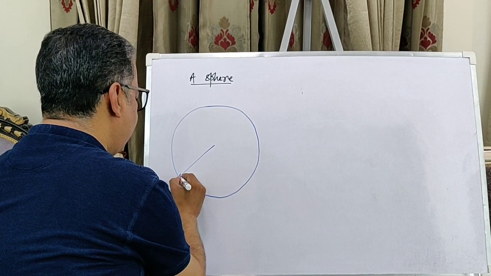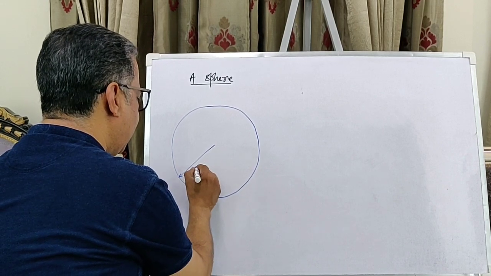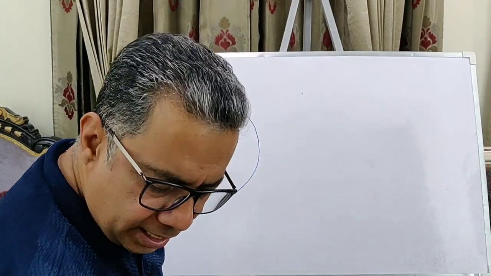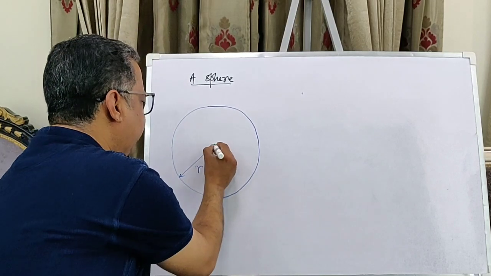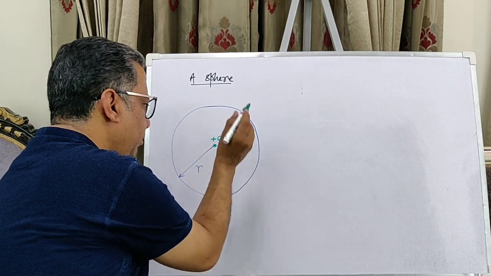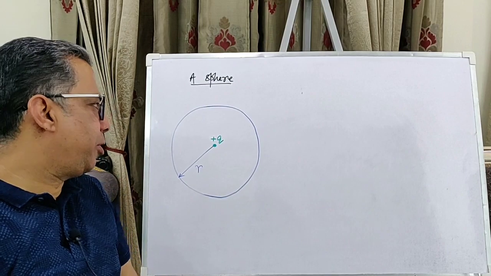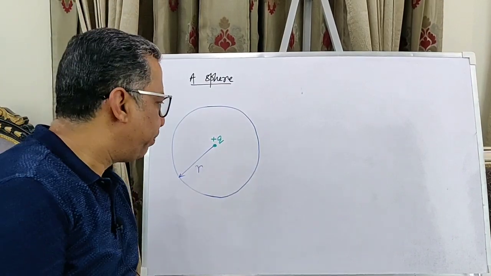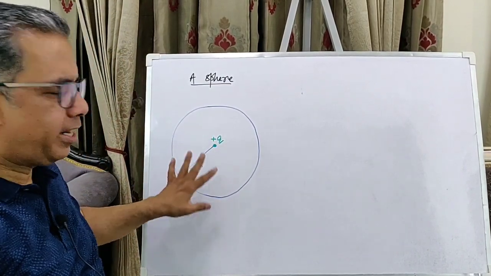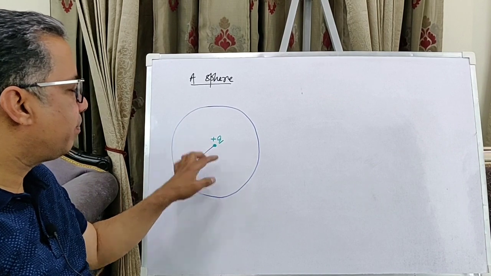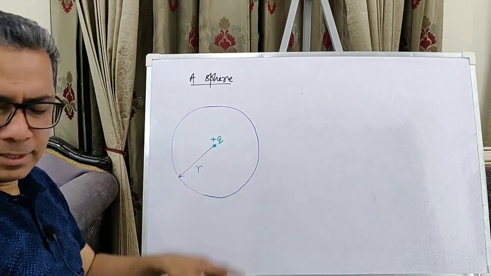Let's say it has a radius r, and to create an electric field, at the center of the sphere I place a positive point charge plus Q. This charge creates an electric field in this space, and we are interested in calculating the flux due to this charge on this entire surface.